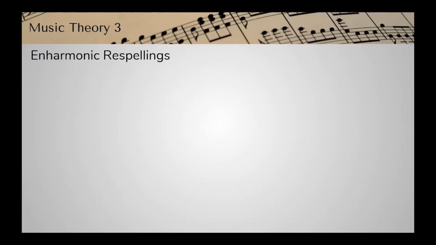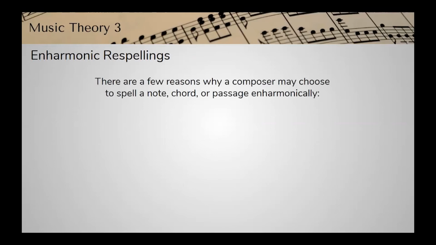Now, there are a couple of reasons why a composer may choose to spell something as one note or another. In other words, why they would choose one enharmonic spelling as opposed to another. One reason would be to more clearly show the direction a pitch will move. Let's say we have a note G, and we want to show that it is moving downwards.